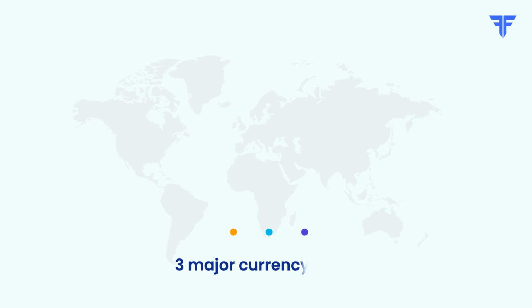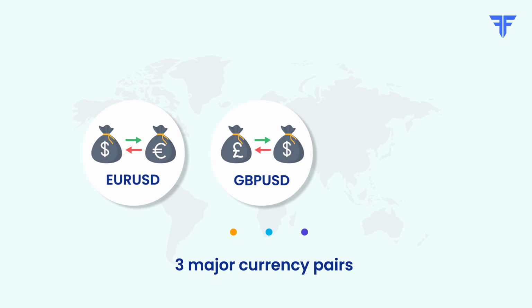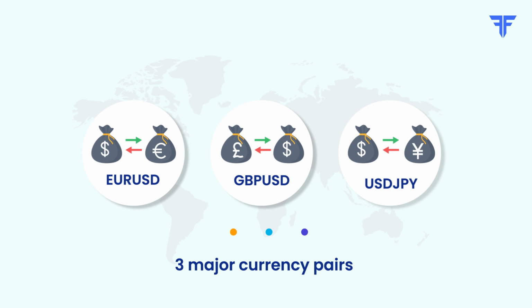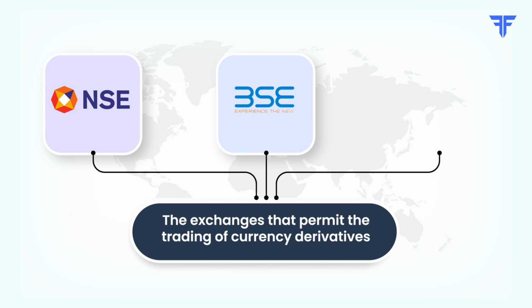The 3 major currency pairs, EURUSD, GBPUSD, USDJPY, are also traded on the NSE, but volumes tend to be low. The major exchanges that permit the trading of currency derivatives in India are the NSE, BSE and the MCX SX.